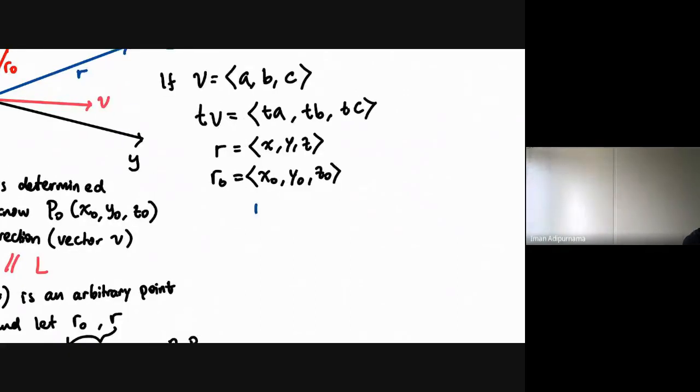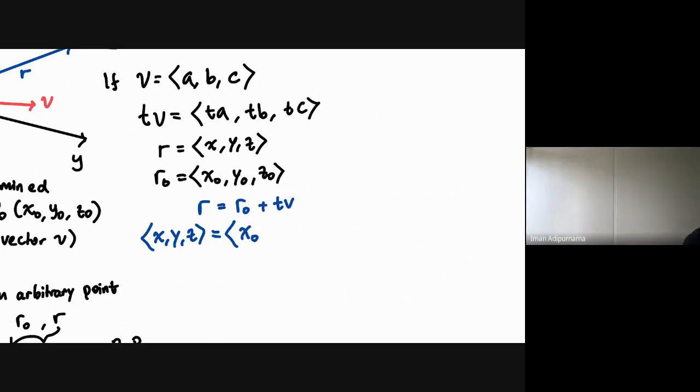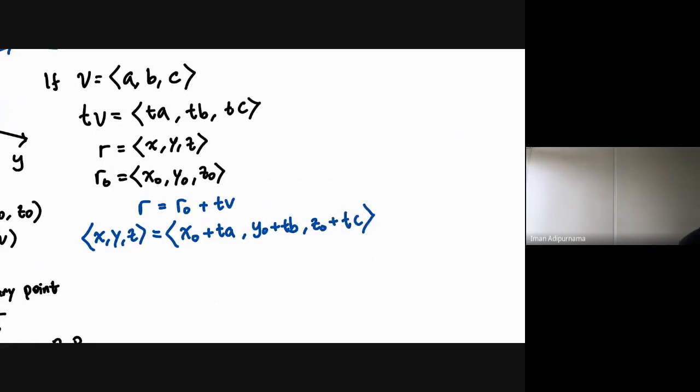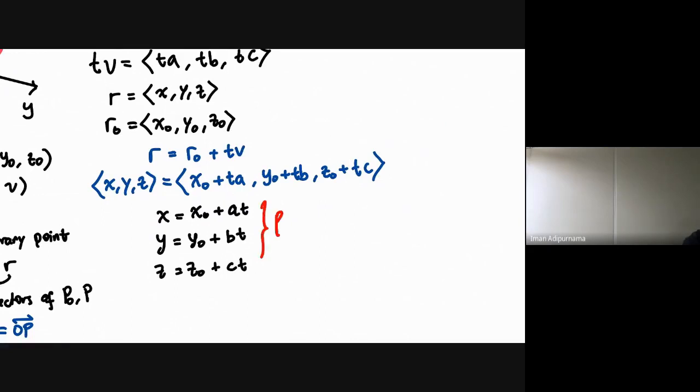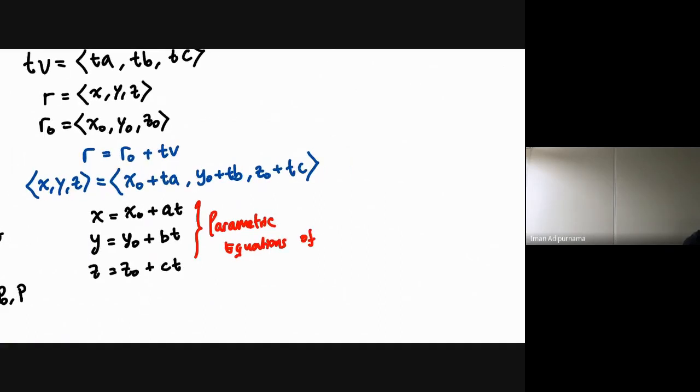Looking at the equation here, we can break it down, and we now have three scalar equations, the parametric equations: x equals x0 plus at, y is y0 plus bt, and z is z0 plus ct. So these are our parametric equations.